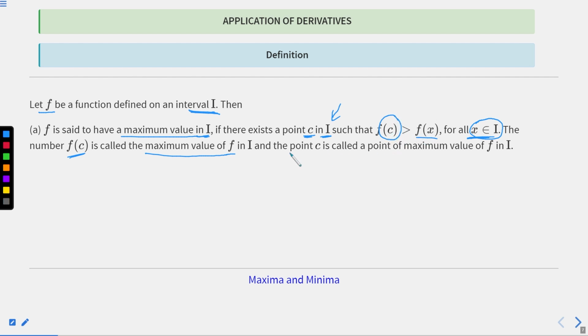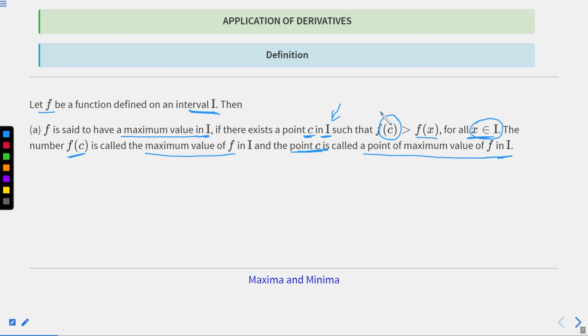Clear? So this point c we will call a point of maximum value of f in the interval I. When do we say c is a point of maximum value of f?